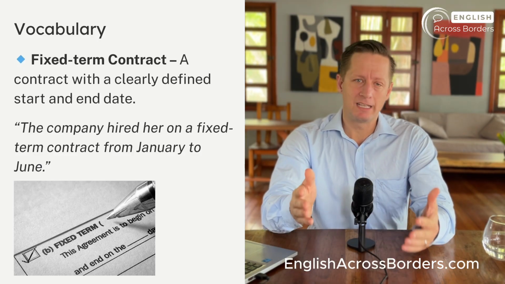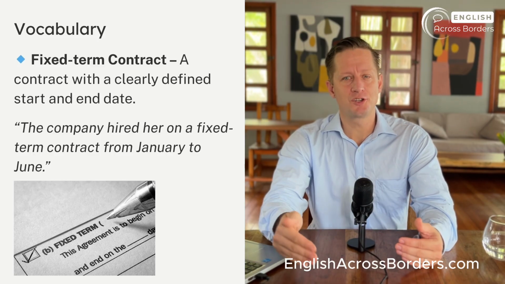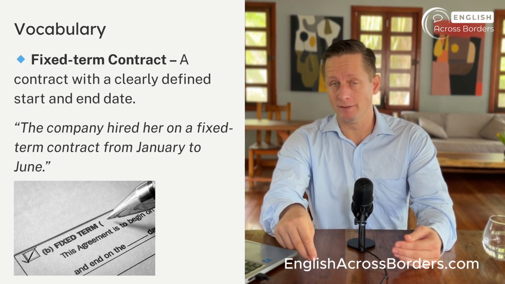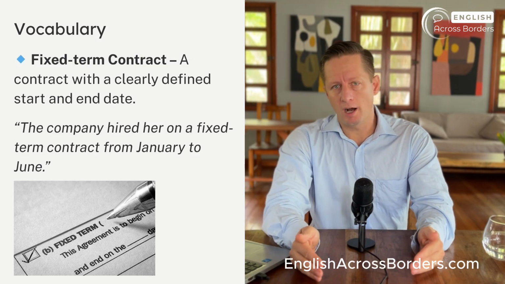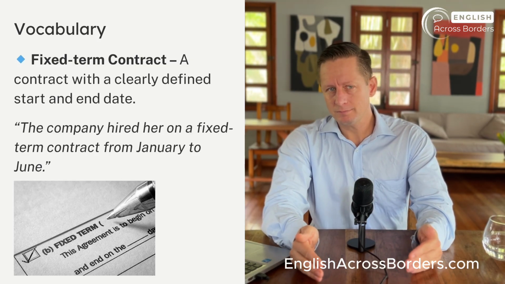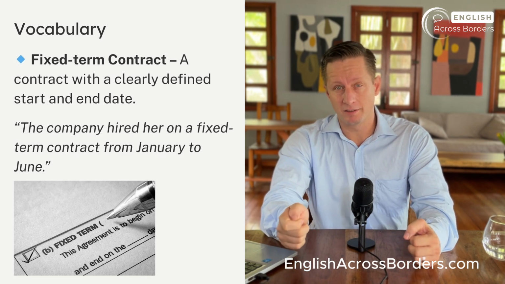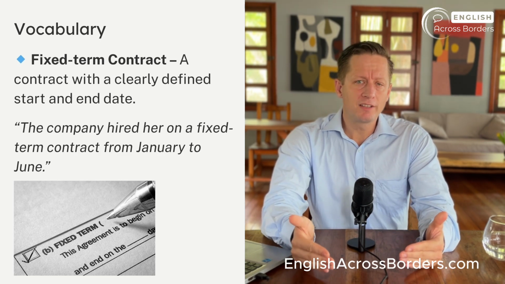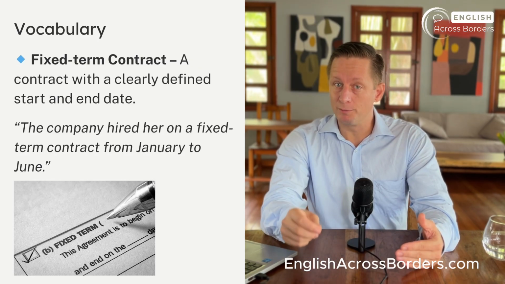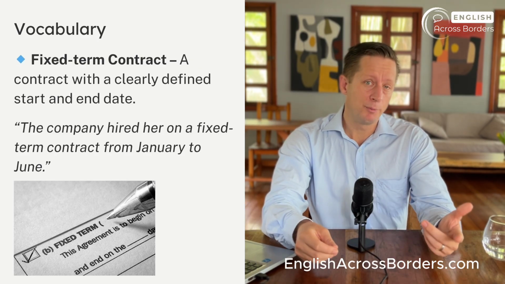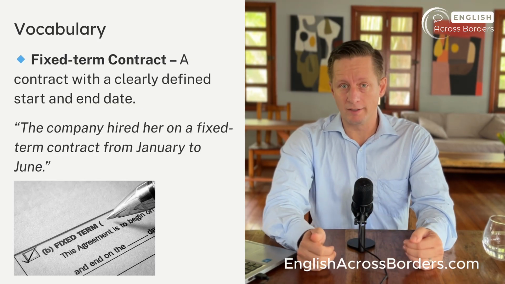Employers cannot keep renewing these contracts indefinitely without risking the contract being treated as permanent. The law also requires a clear reason for the contract's limited duration, like a temporary replacement or a special project. Understanding fixed-term contracts helps lawyers explain employment terms clearly and helps clients avoid misunderstandings or legal risks.